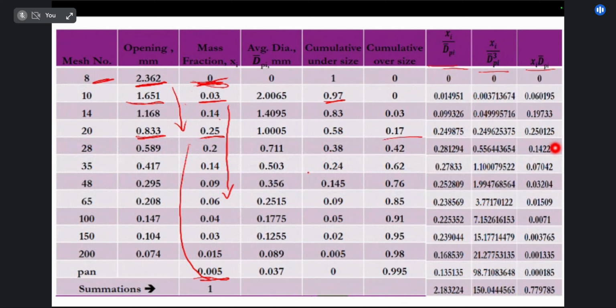If we add them at the end, the summation will be provided in the equation, and at the end you will get the answer. For the same reason, all the mass fractions with a particular diameter are chosen, and we have already performed the different calculations like xi by dpi, xi by dpi cube, and xi into dpi.